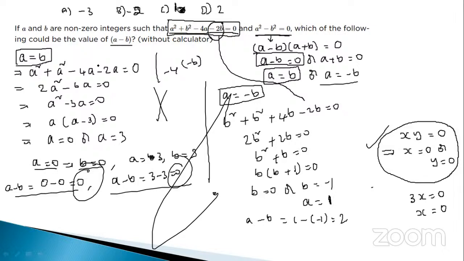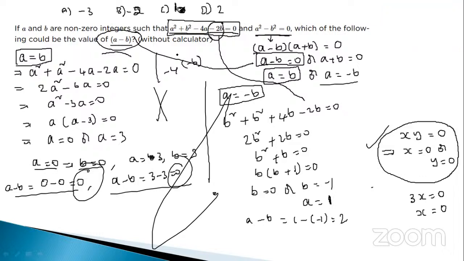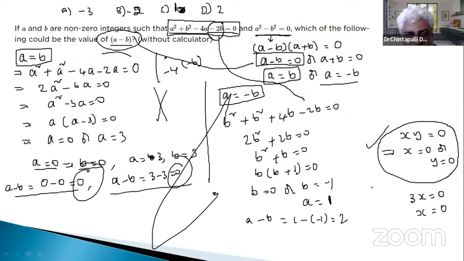So without doing all this calculation, we can just use this point. If there is 0 in the options, it is an easy question. If there is no 0 in the options, it is a tough question. The difference is only in the options.